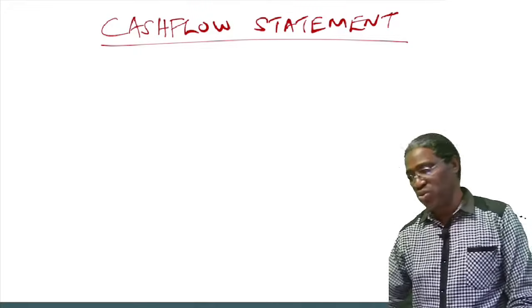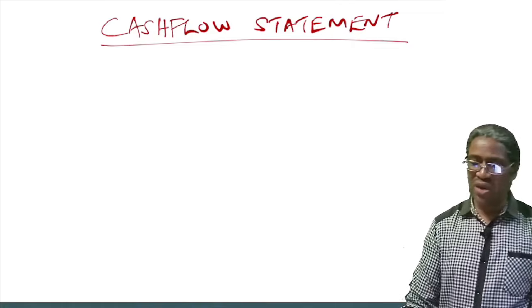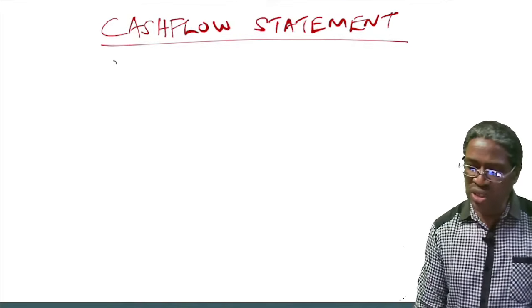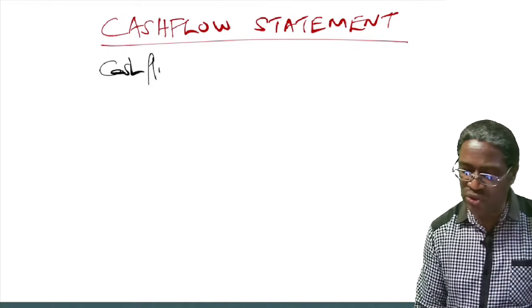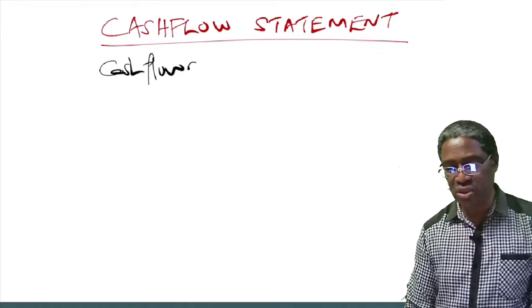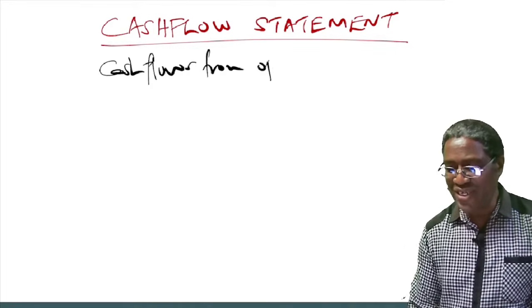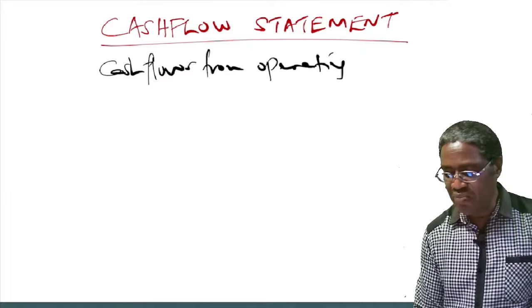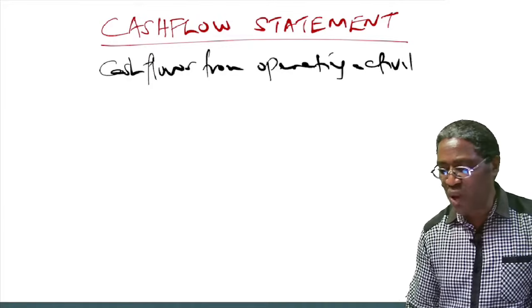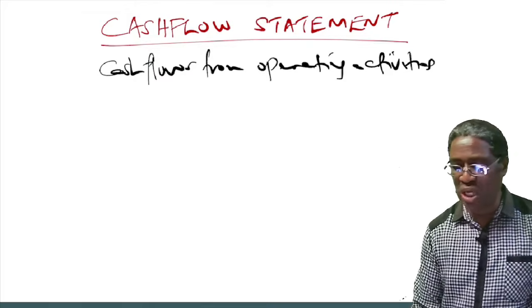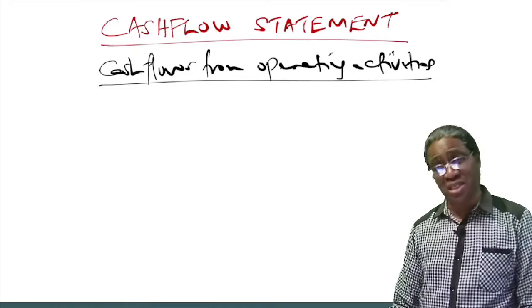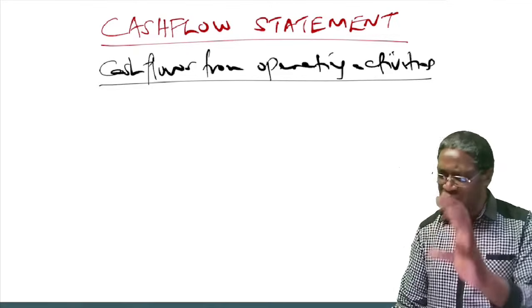So let me review those categories first. The first category of your cash flows is what we call cash flows from operating activities. As a business, you are required to identify your cash flows from operating activities, whatever they are.